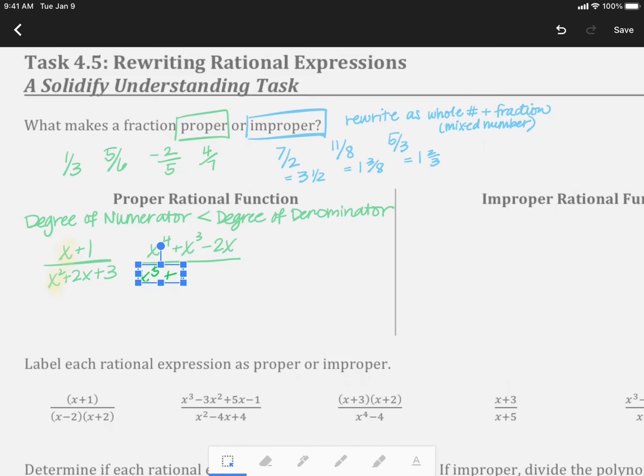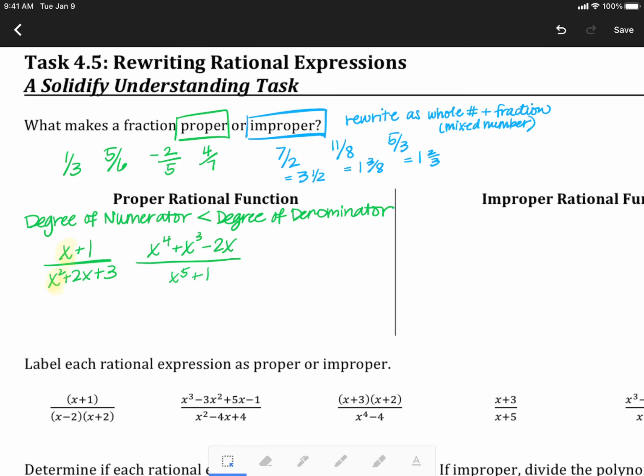That right there would be considered proper because that x to the 4th, the highest degree in the numerator, is still less than x to the 5th, the highest degree in the denominator. Go ahead and write yourself a few examples of proper rational functions to go along with mine.